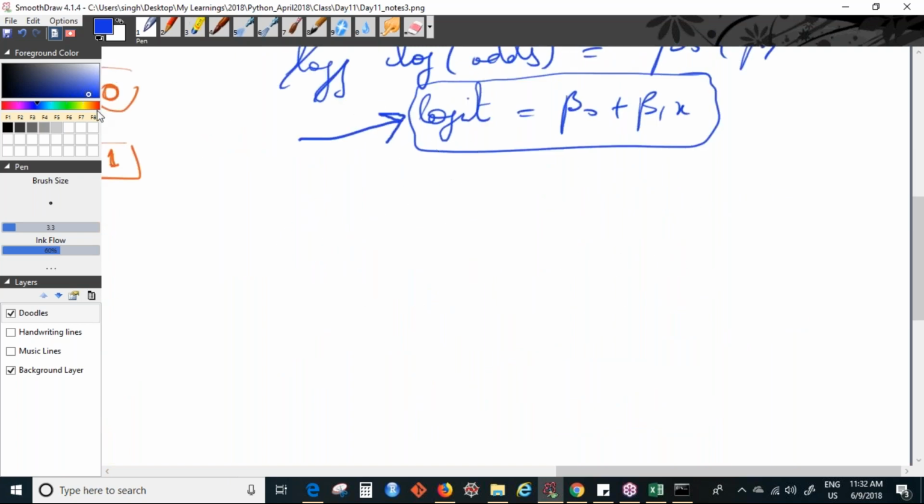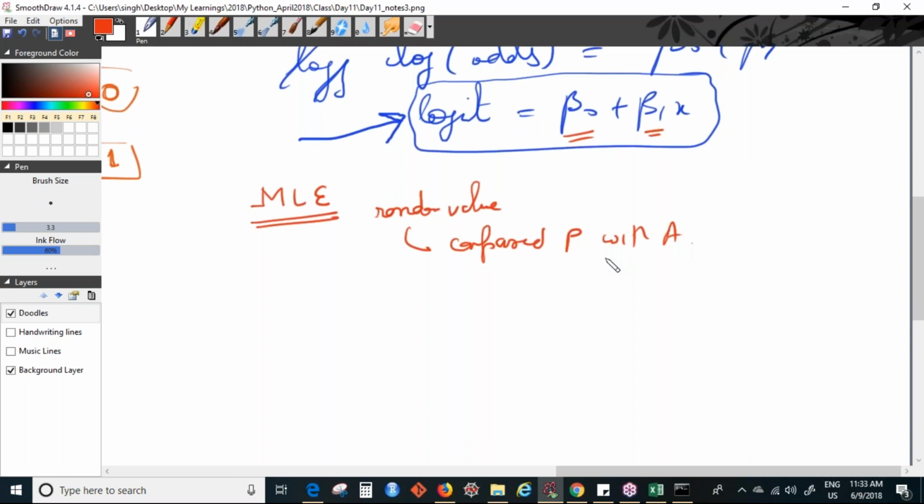Now, how do we get the values of beta in logistic regression? Just like ordinary least squares, we have maximum likelihood estimate in logistic regression. It starts with random values of beta and compares the prediction with the actual.